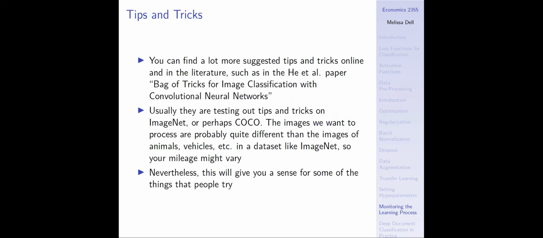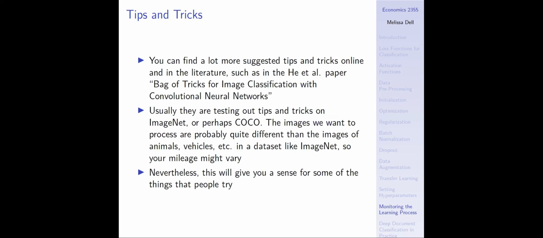Okay, so you can find a lot more suggestions online in the literature. There's a paper by He et al. called Bag of Tricks for Image Classification with Convolutional Neural Networks. Usually people are testing out tips and tricks on things like ImageNet or COCO.